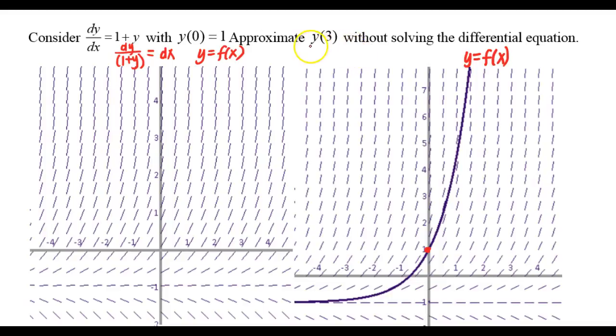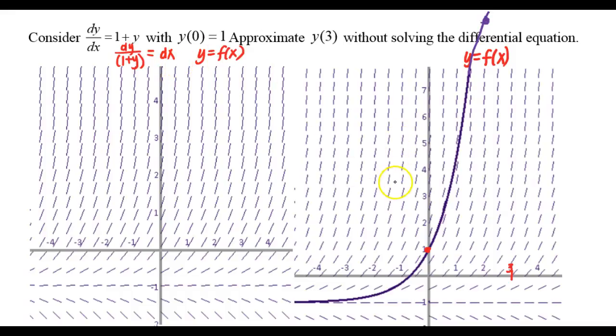And if I'm being asked to approximate y of 3, well, 3 on the x-axis is right here, so I want to approximate the function value that's way up here on this curve. This curve goes up and up and up. So I'm trying to find f of 3. So we'll say that it's right there. It's a little off center, but that's the value we're trying to approximate without actually solving this differential equation.